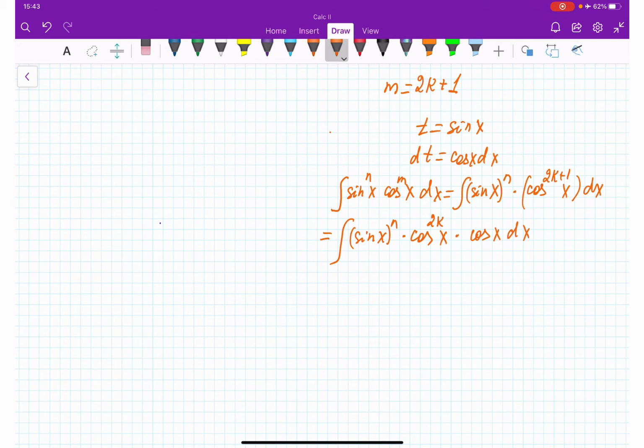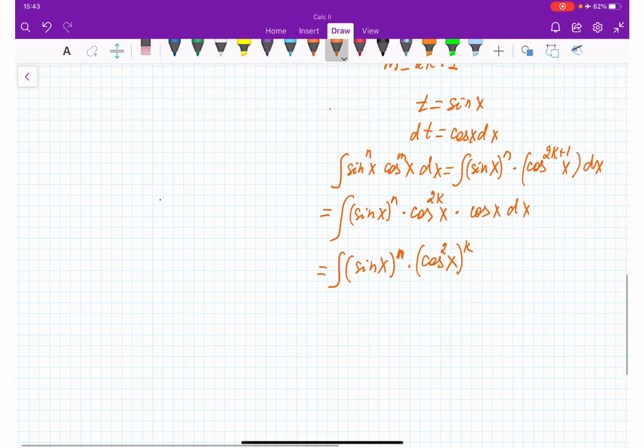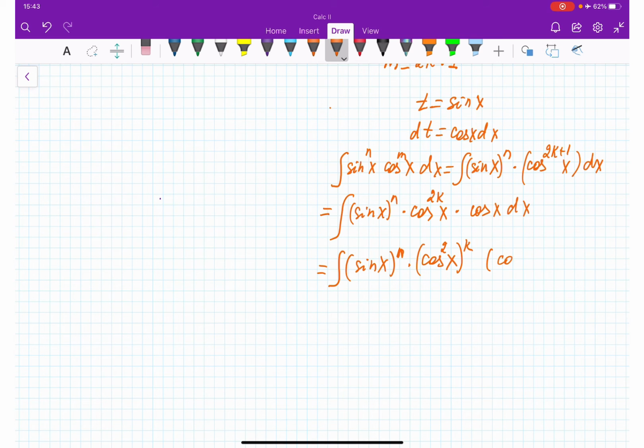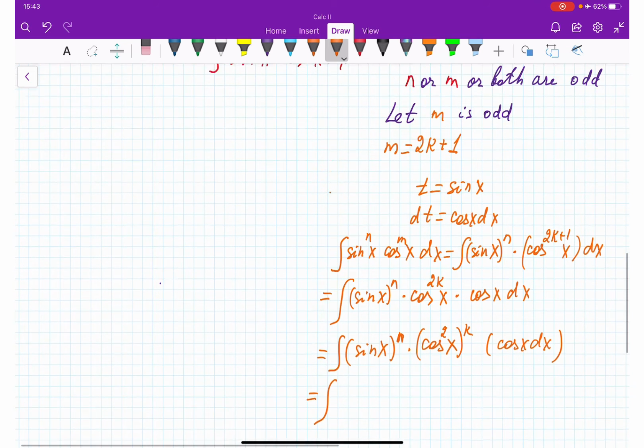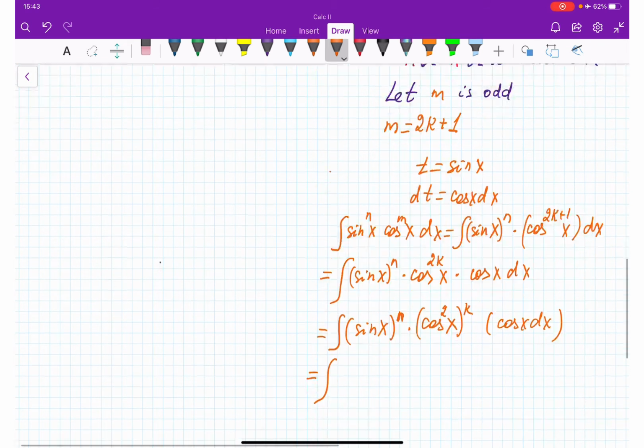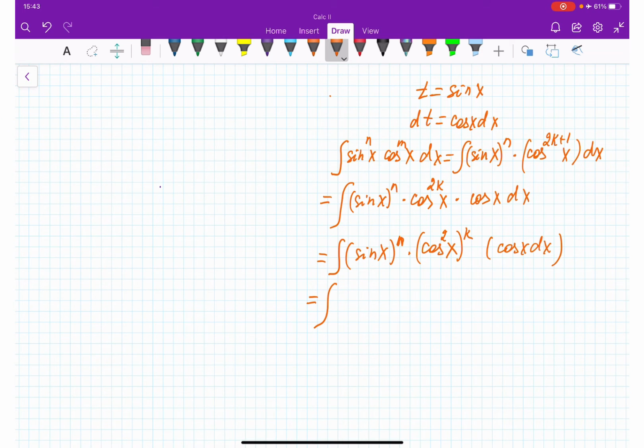So from here, sine x to the power n times cosine x squared to the power k, which I am taking out, and cosine x dx. Okay, this is a template I'm working out. Then we will take this ready template and use it, so we will know how to work this type of problem.